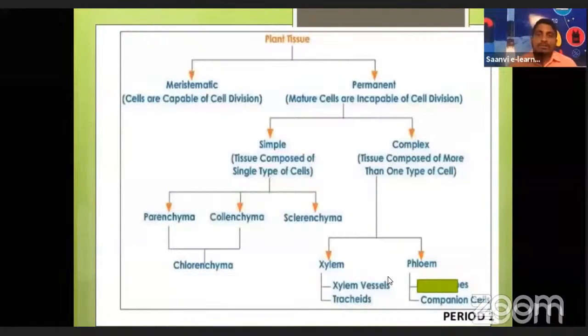If the tissue is composed of a single type of cells, then we can expect the same function from that same type of cells. So in simple tissue we have parenchyma, collenchyma, sclerenchyma.